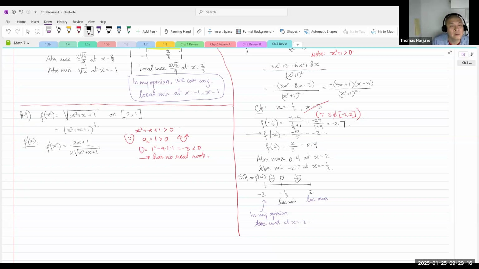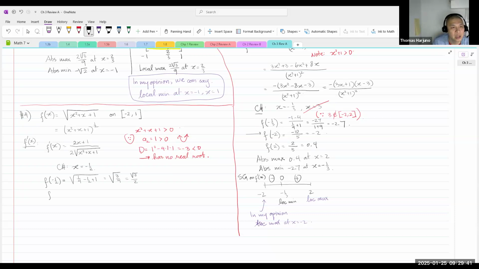Now from there we see that the only critical number is x equals -1/2, right? We only need to check the value at that critical number: the square root of 1/4 minus 1/2 plus 1, that's the square root of 3/4, that's radical 3 over 2.